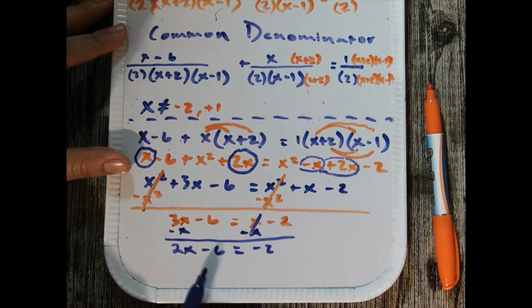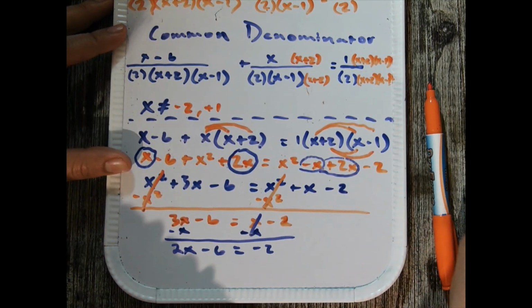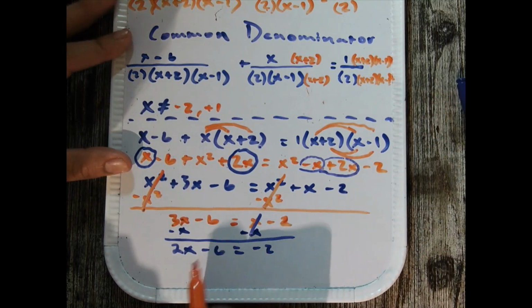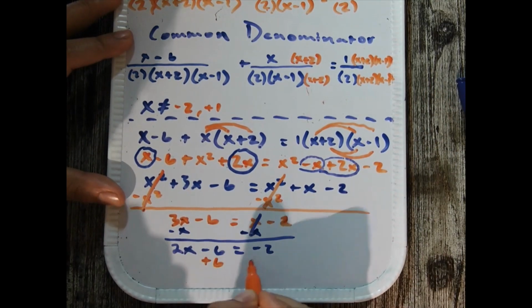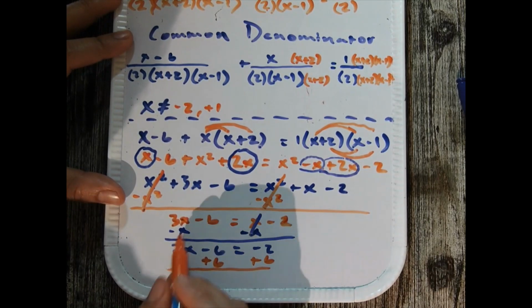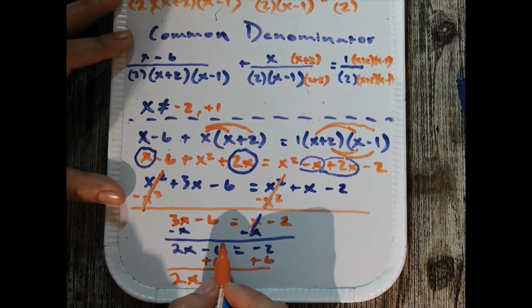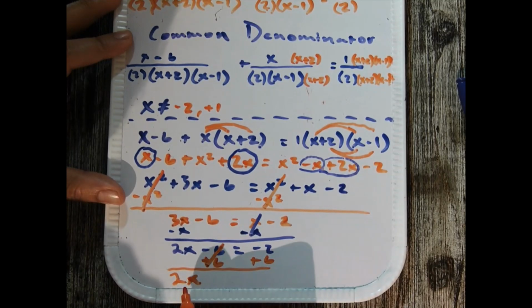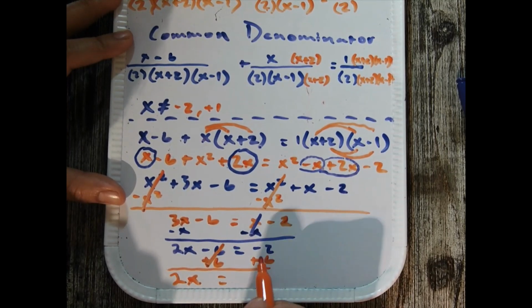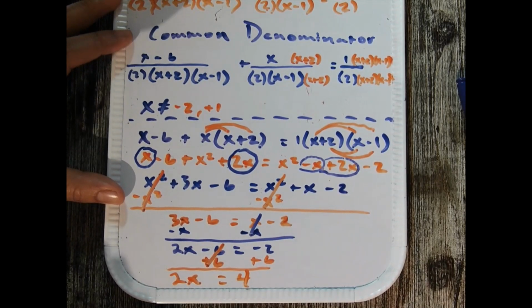Now what I need to do is move this negative 6 to this side. So I have a plus 6, plus 6. So what I end up with is 2x, negative 6 plus 6, it cancels. 2x is equal to negative 2 plus 6, which is positive 4.